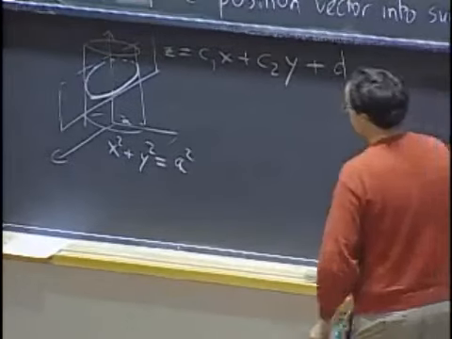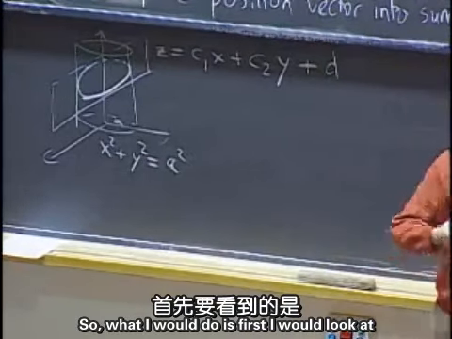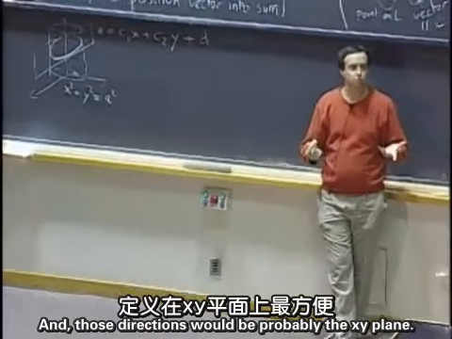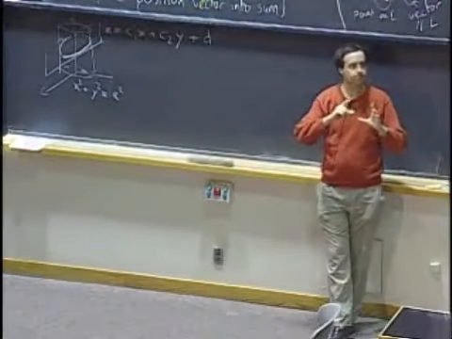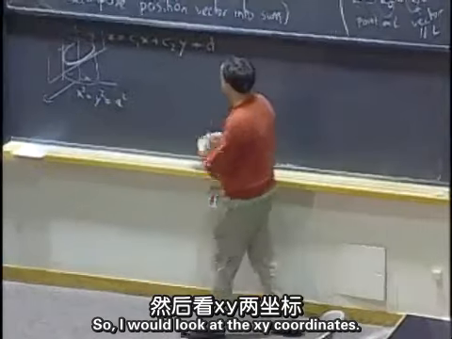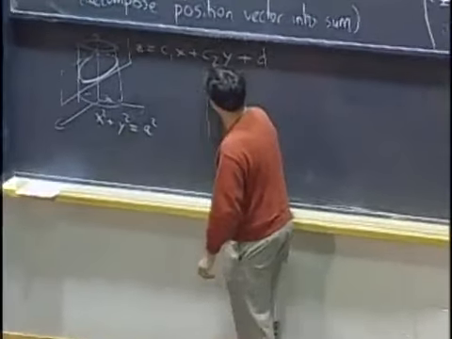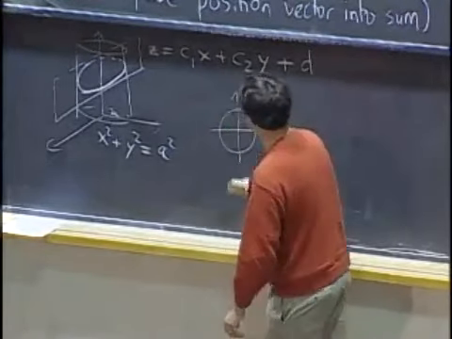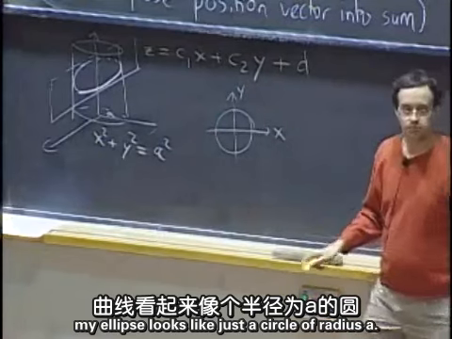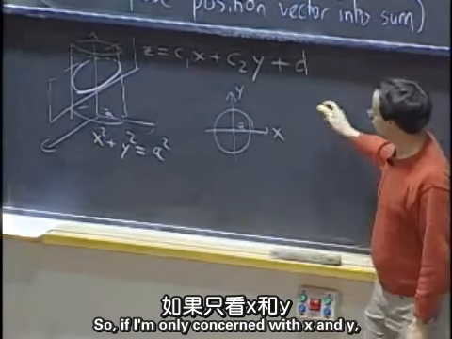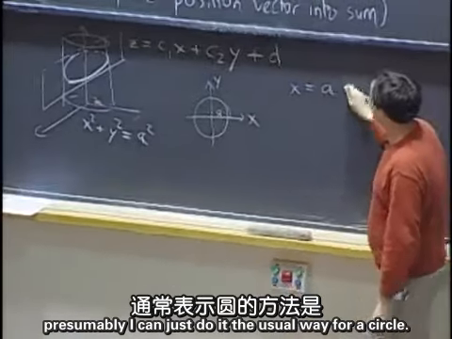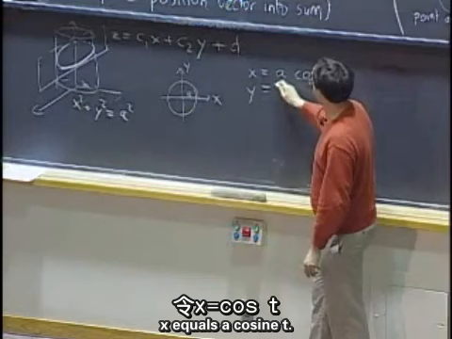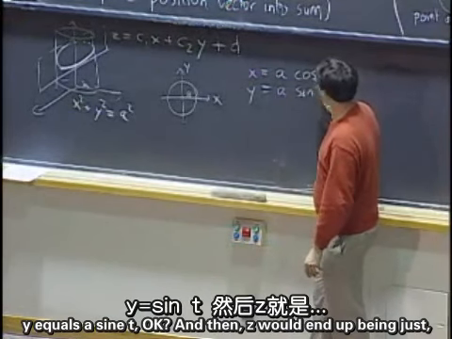So what I would do is first I would look at what my ellipse does in the directions in which I understand it best. And those directions would probably be the xy plane. So I would look at the xy coordinates. If I look at it from above, my ellipse looks like just a circle of radius a. So if I'm only concerned with x and y, I can just do it the usual way for a circle: x equals a cosine t, y equals a sine t.